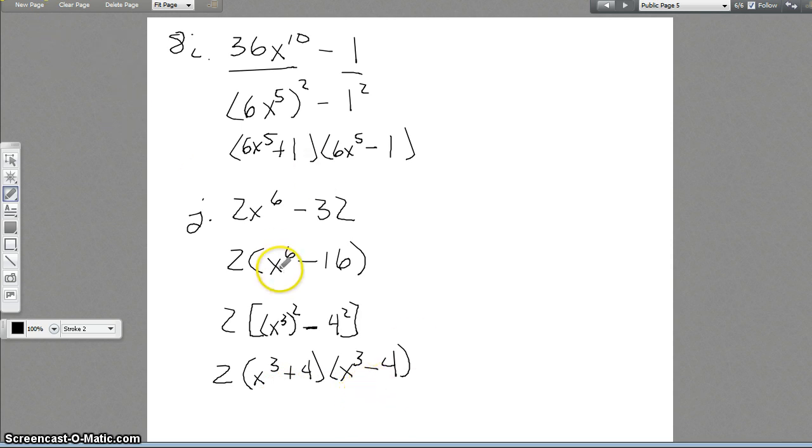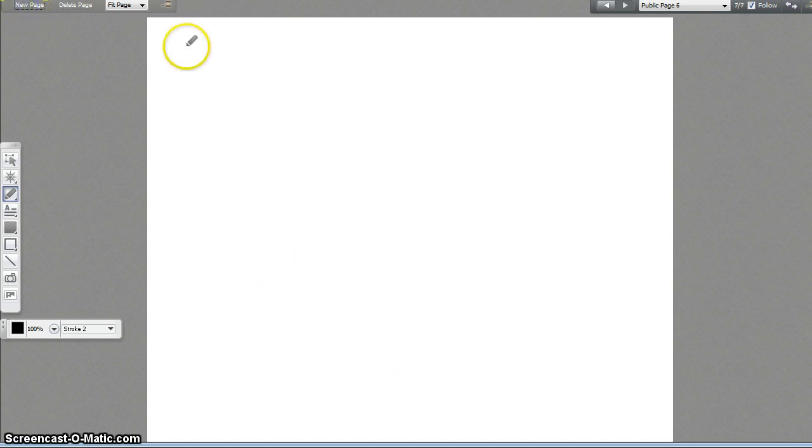Okay, so that was number 8, which is just like number 14 that I assigned as homework. So now we're going to move on to the last problem, which is number 9. Number 9 says that you're given two expressions that are a difference of two squares, and you need to factor it out.